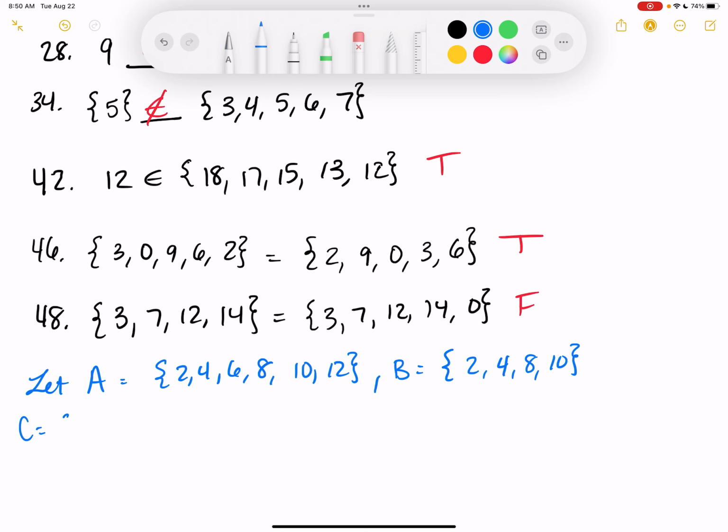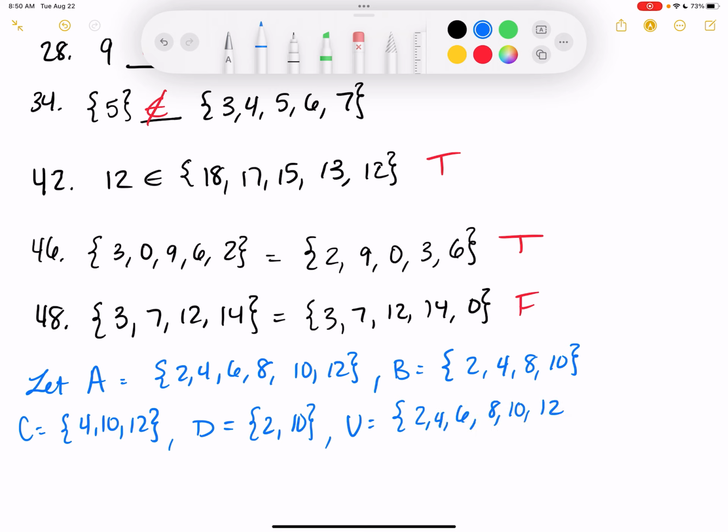C is the set 4, 10, 12. D is the set 2 and 10. And then the universal set, U, is 2, 4, 6, 8, 10, 12, and 14.